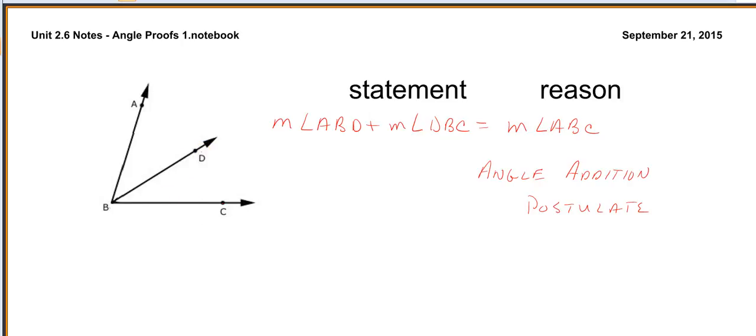What I can say is that the measure of this small angle here, ABD, plus the measure of the other small angle, DBC, is equal to the measure of the whole angle. And that's the angle addition postulate. So we'll use that a lot. Once again, the measure of the two smaller angles added together equal the measure of the big angle, and there's not going to be anything related to congruence in there or a right angle.